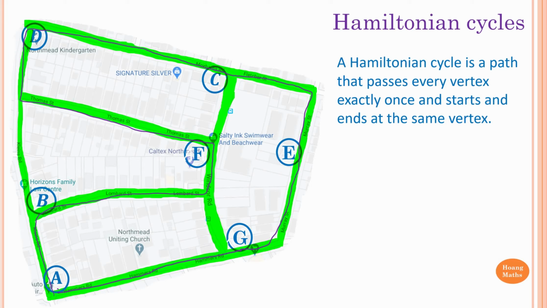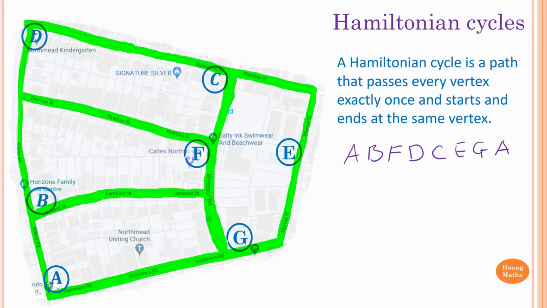So the path is I to B, to F, to D, to C, to E, to G, and then back to I. So this is a Hamiltonian cycle.